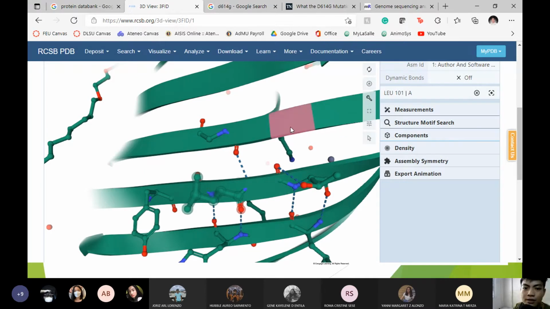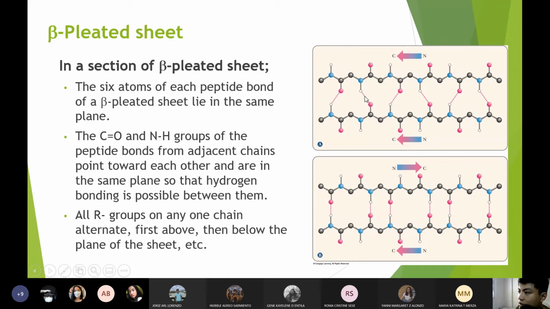In the alpha helix, the hydrogen bonding is within the same chain, but here, the hydrogen bonding is between the two chains. So this is one chain, this is the other chain, and the hydrogen bonds exist between them. And that stabilizes the beta pleated sheets.